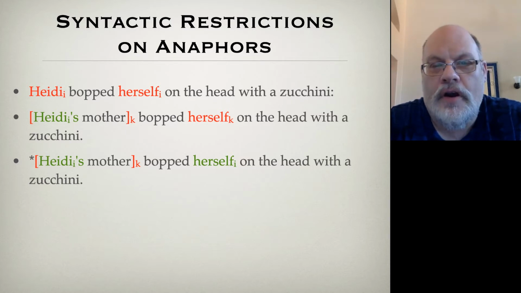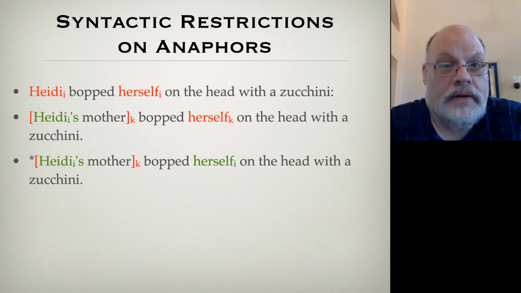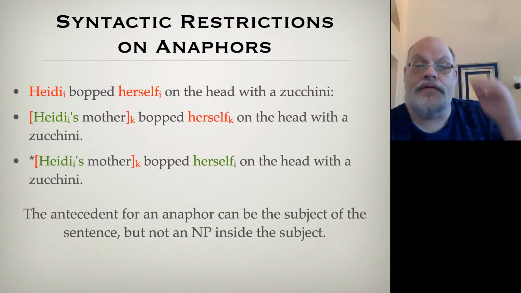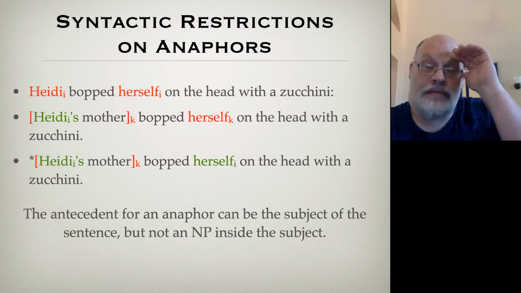So if we chart this out in terms of a syntactic tree, something will pop out at us, and it has to do with structural relations. We're going to try and capture this intuition. The intuition is that the antecedent for an anaphor can be the subject of a sentence, but it can't be any noun phrase inside of that subject.